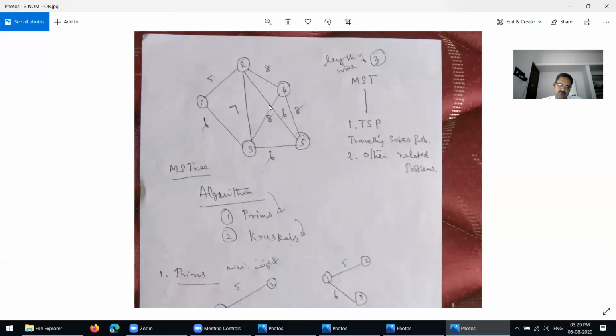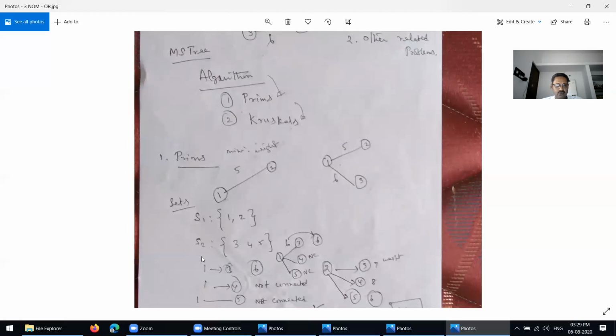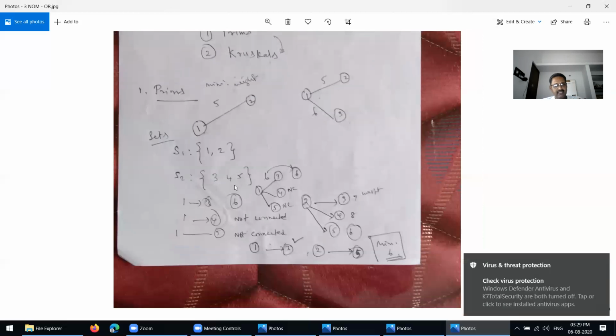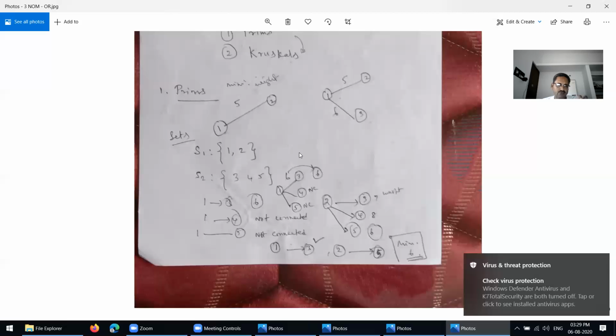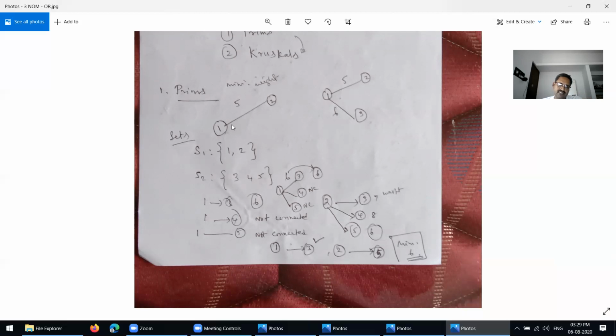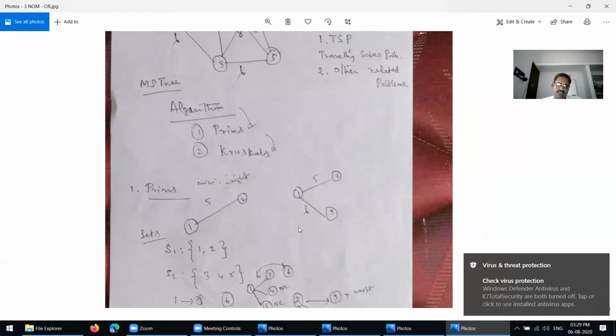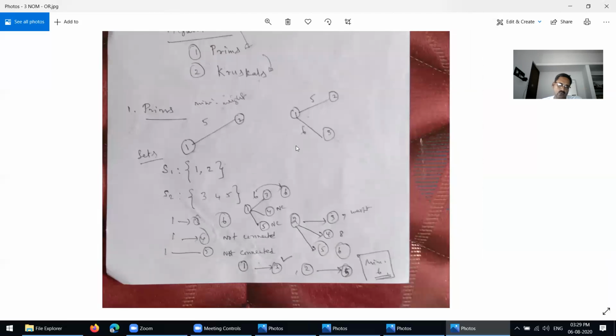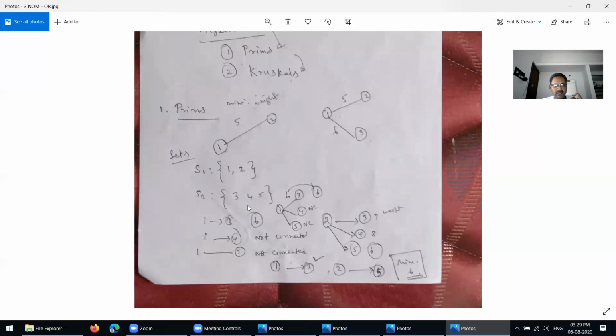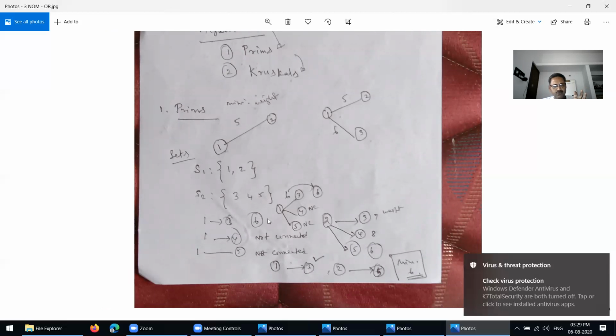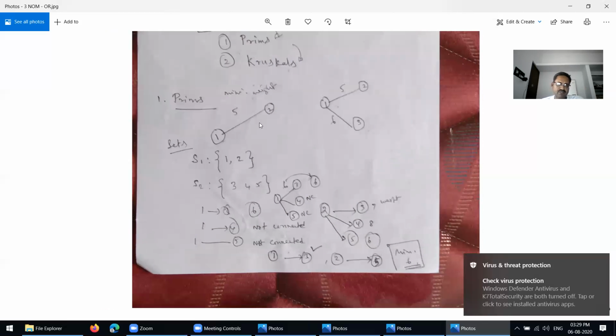For Prim's rule, we have to form two sets. The first is the connected set having the minimum weight, so S1 equals 1, 2. The other nodes go into set 2, that is S2 equals 3, 4, 5.